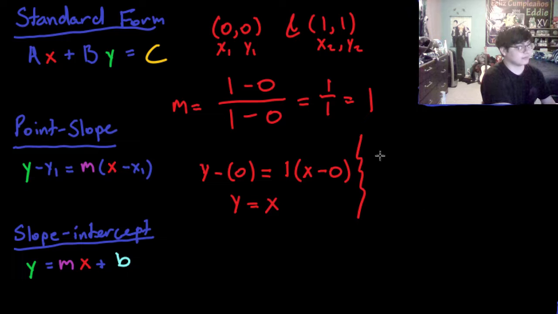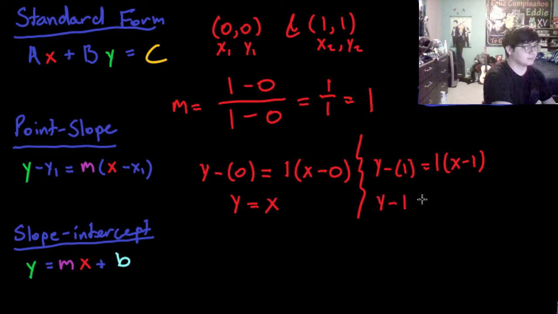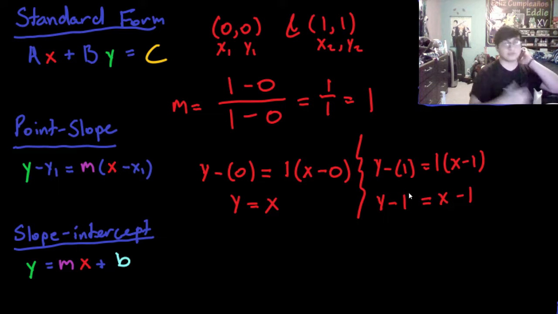And now the same thing, y minus 1 is equal to 1 times x minus 1, which is pretty much going to be the same thing, just subtracting 1 from both sides. These equations are equivalent to each other, and they're also both in point slope.